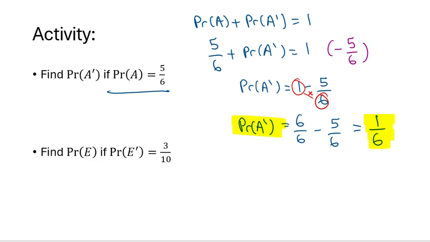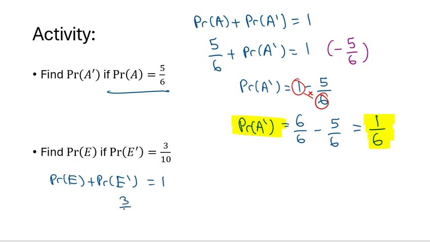Now, find the probability of E if probability of E dash is 3/10. So just write it out again. Equals 1. So I'm just gonna make it look neater again.